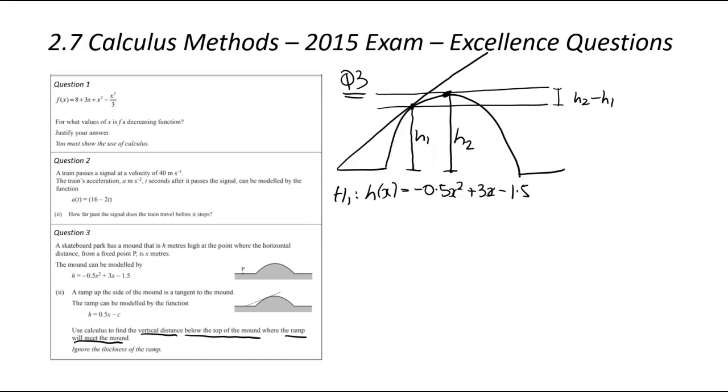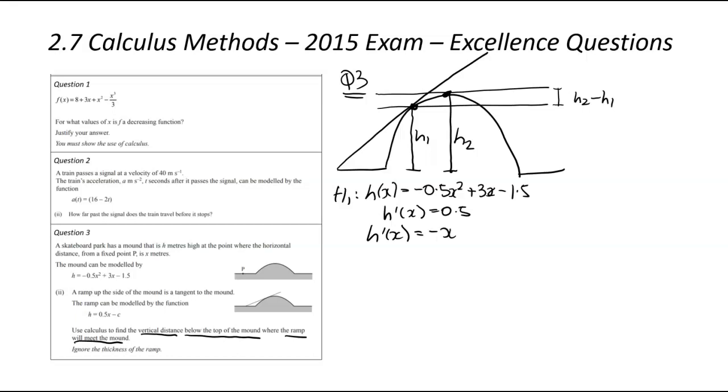And we have been given a hidden bit of information at the point where the mound and the ramp touch each other. We have a gradient of 0.5 in the tangent function. So we know that h dash x will be equal to 0.5 in that part. So let's differentiate to find the function for h dash x.